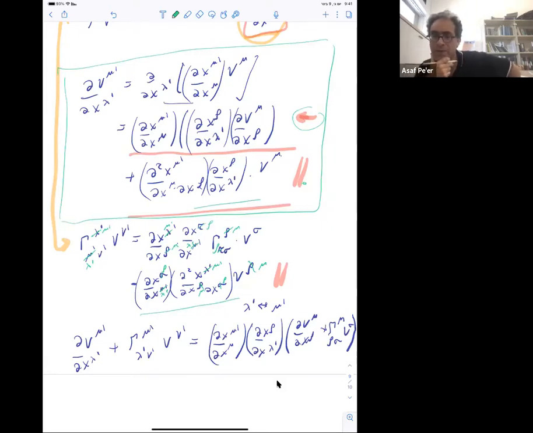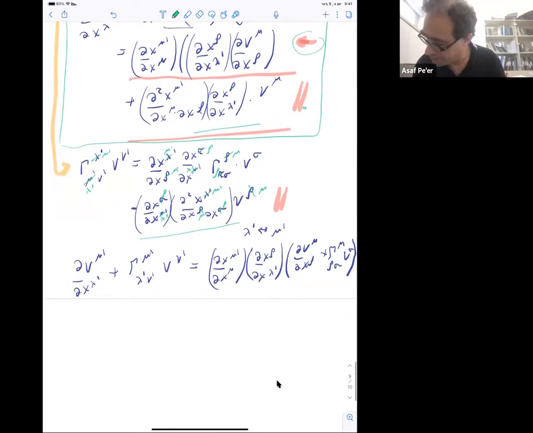I promise you it's going to be a little bit ugly, but it's just changing the names of these indices. So dx mu prime over dx mu, dx rho over dx lambda prime, times gamma mu rho sigma, v sigma, plus the first term I didn't touch. Which is exactly what I wanted, right? Because this guy transforms like a tensor.